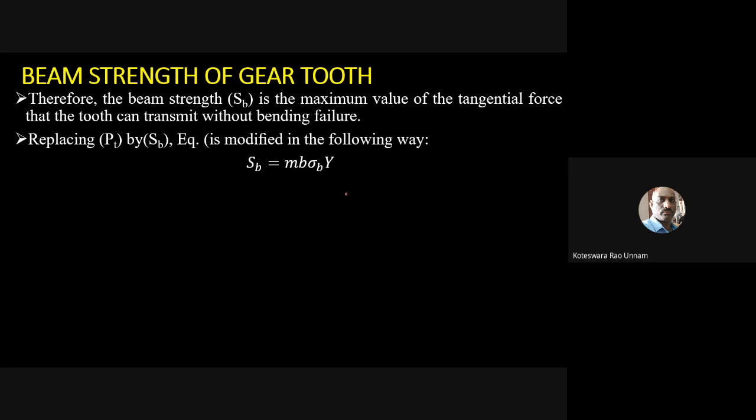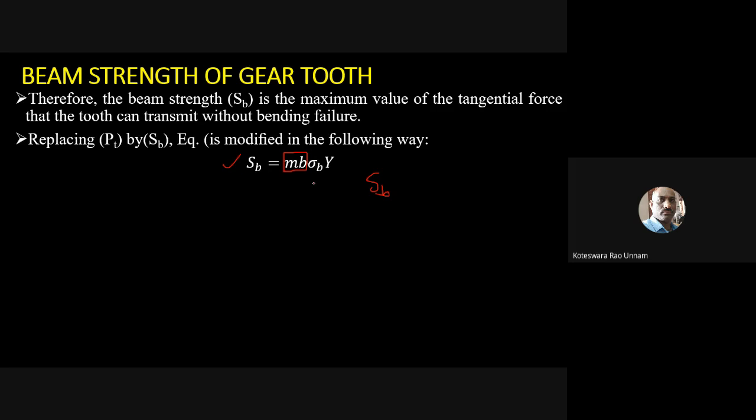Even if the gear and pinion are made of two different materials, again I'll take this S_B equation. In this, I'll remove this one. Then your S_B is proportional to sigma_B into Y, because for both the gear and pinion, M and B should be the same. Therefore, these two factors will not decide which one is the stronger or the weaker.